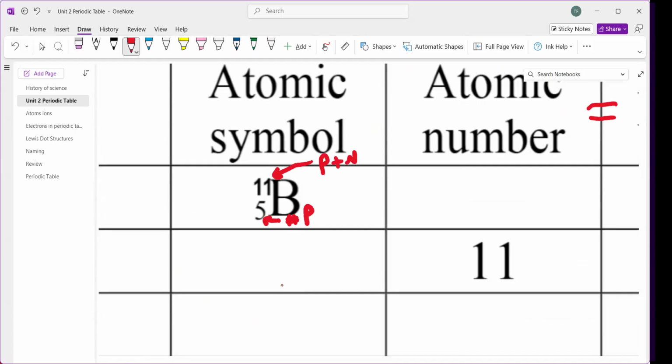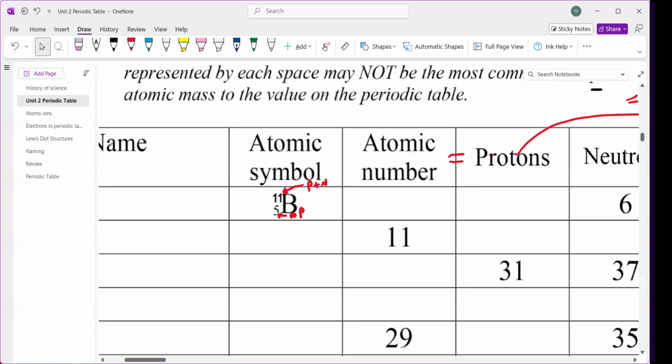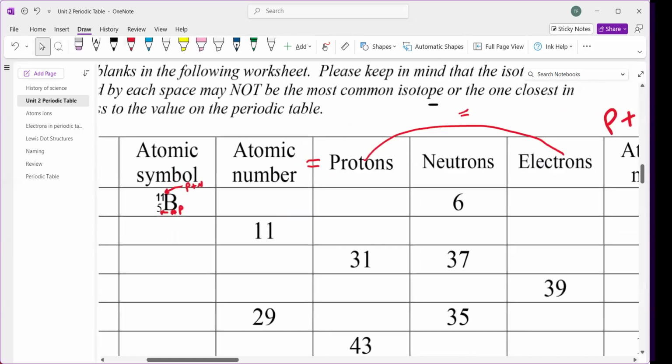For example, this is boron 11, and that's made up of P plus N. Well, we know P is 5, so how many neutrons does boron 11 have? 6. This is pre-calc math. What's the atomic number for boron here? 5.